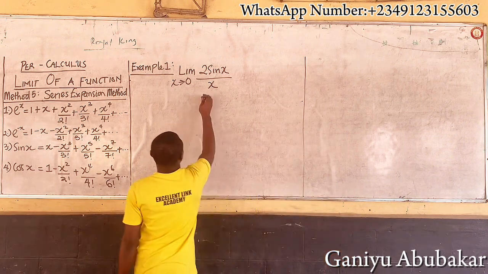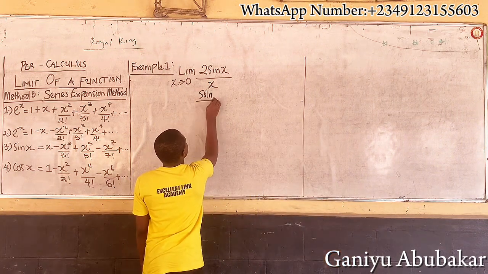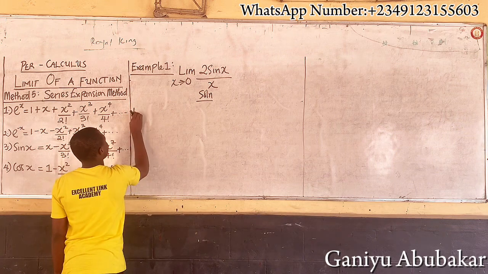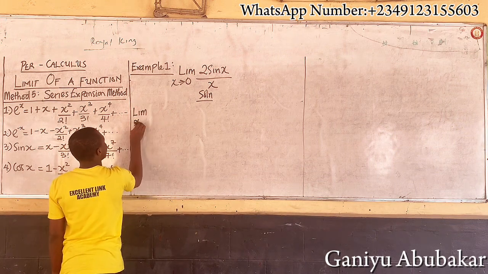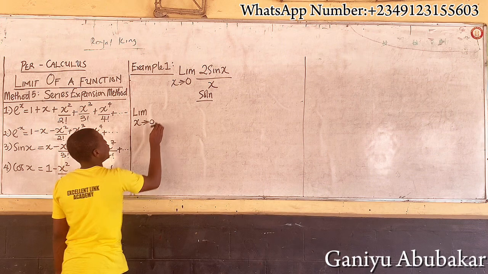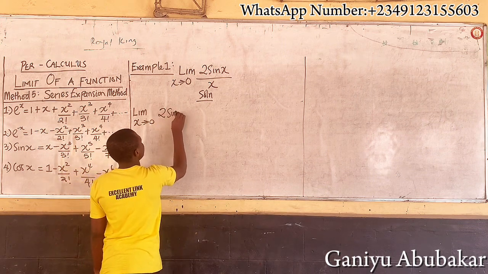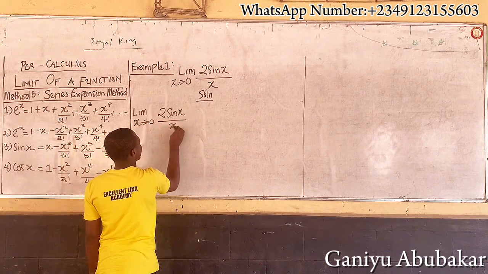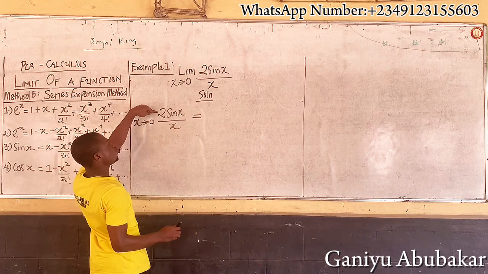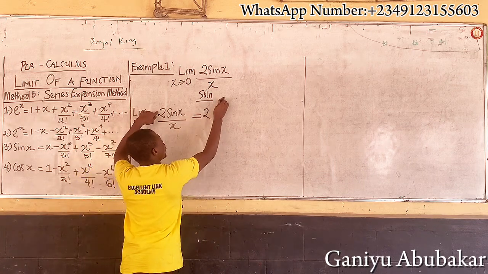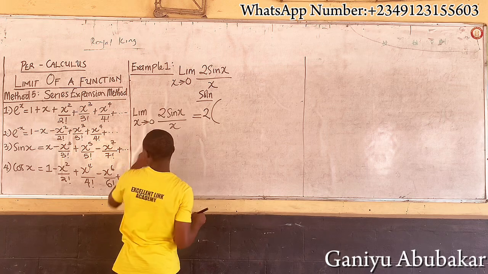To solve this problem, the solution is easy. I'm having the limit as x tends to 0 of 2 sine x all over x. This is equal to, bring out 2 first. Open a bracket. What's sine x?